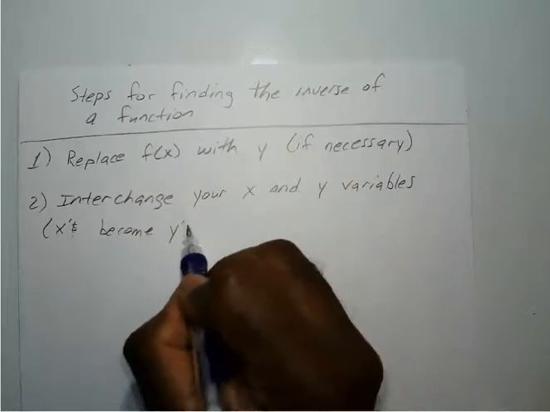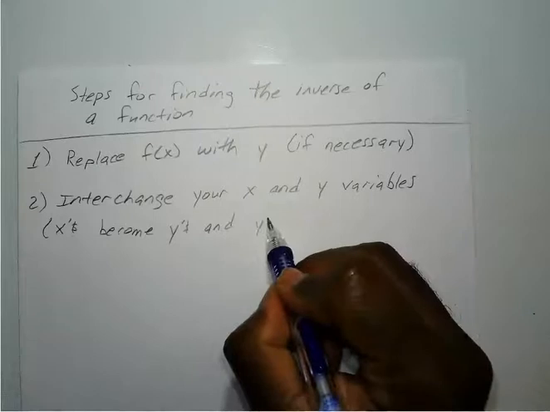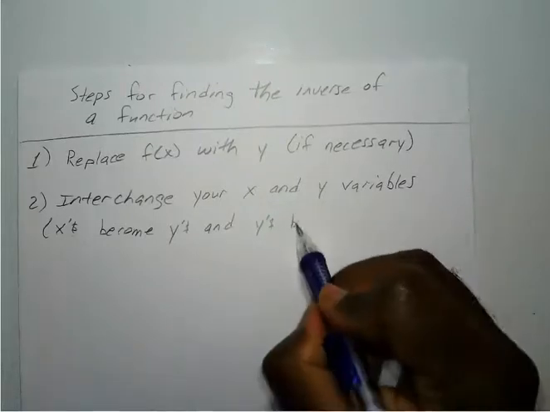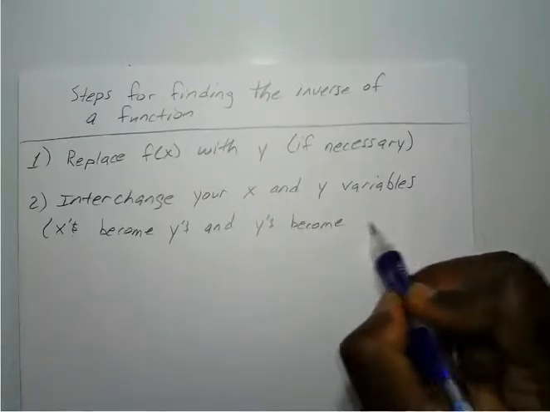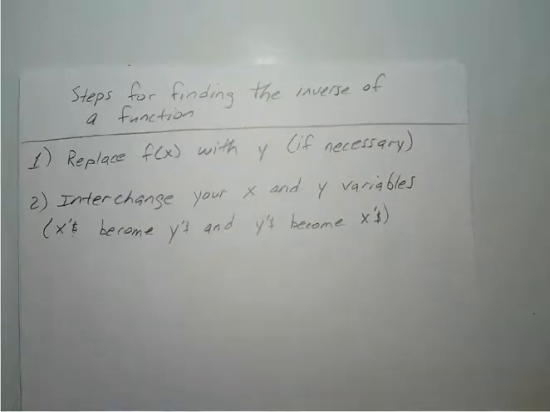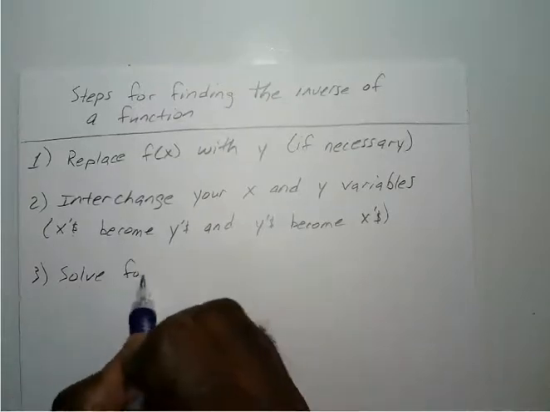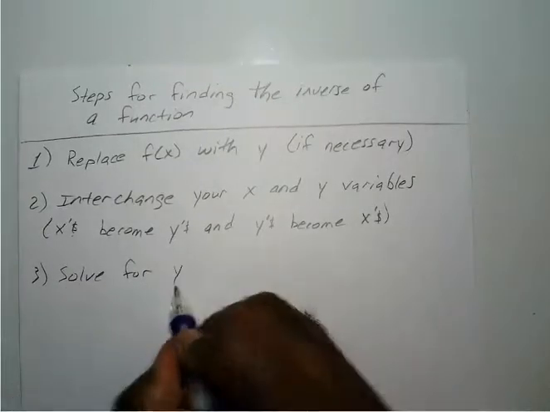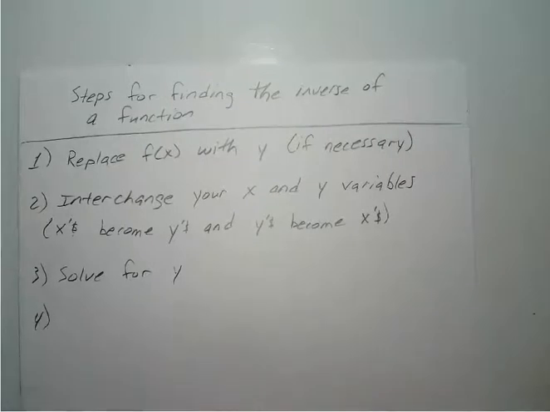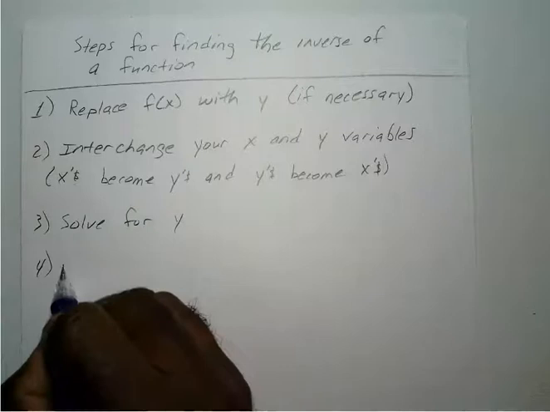And your y's will become x's. Okay, then your third step is you're going to solve for that new y. Then you're going to replace y with f inverse of x.